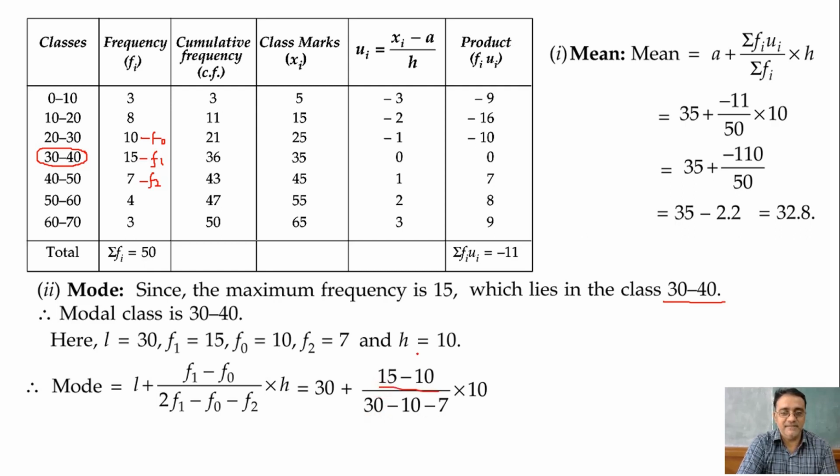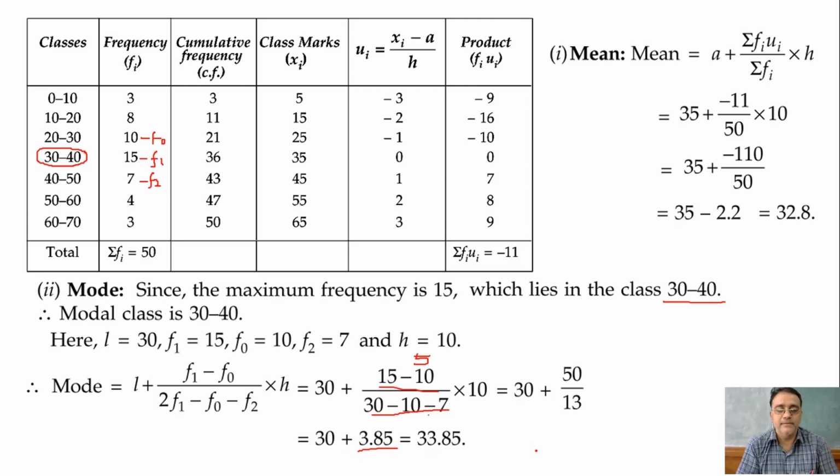This becomes 5, and this becomes 30 minus 17, which is 13. So we get 50 upon 13, which is 3.85 approximately, and the final answer is 33.85. This is the required mode.